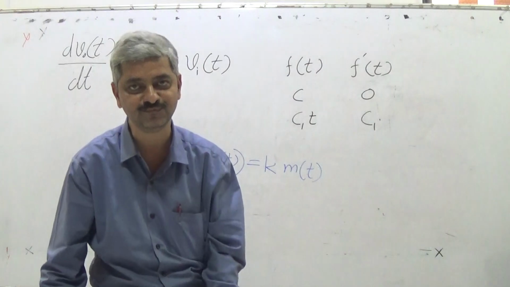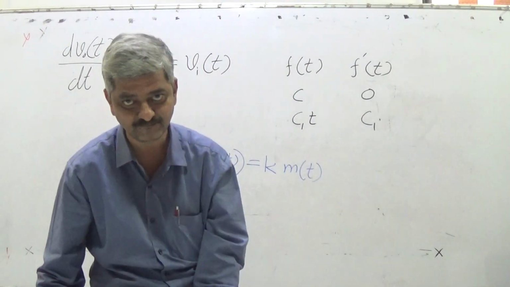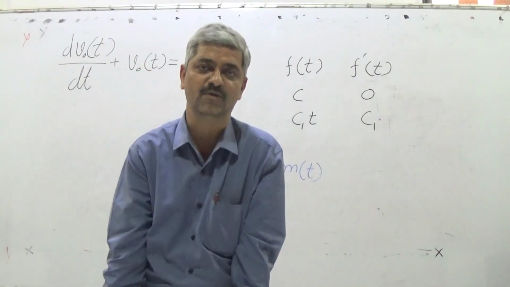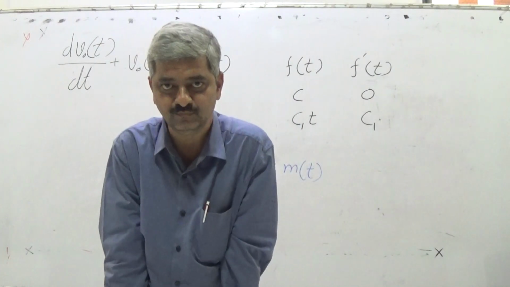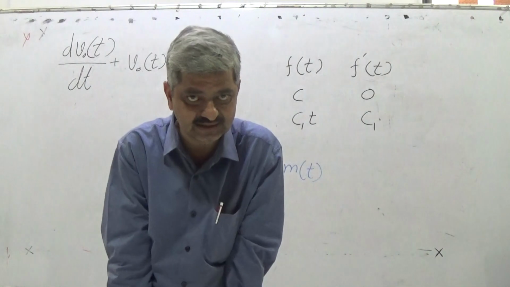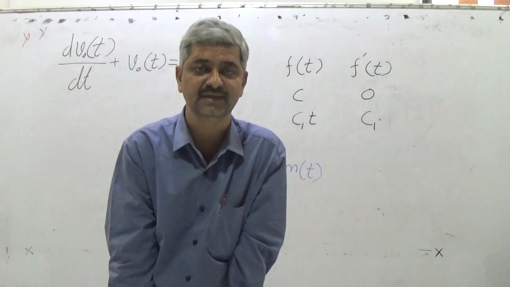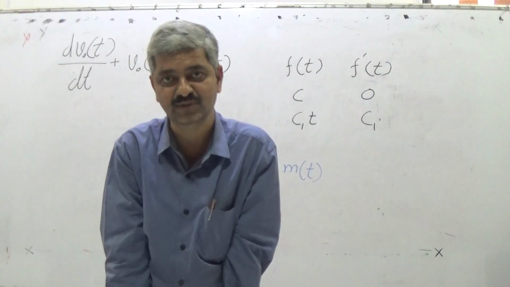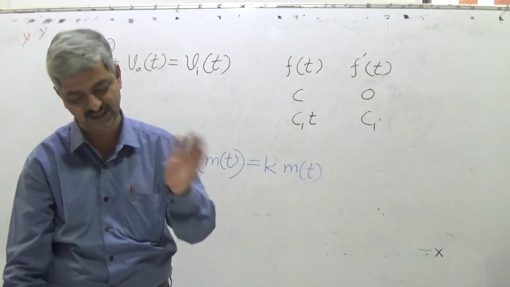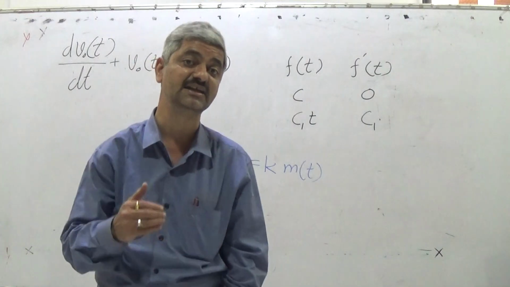If my function is of the magical type where the derivative is scaling, in that case the differential equation becomes a linear equation. So there are various methods by which I can tackle the problem.